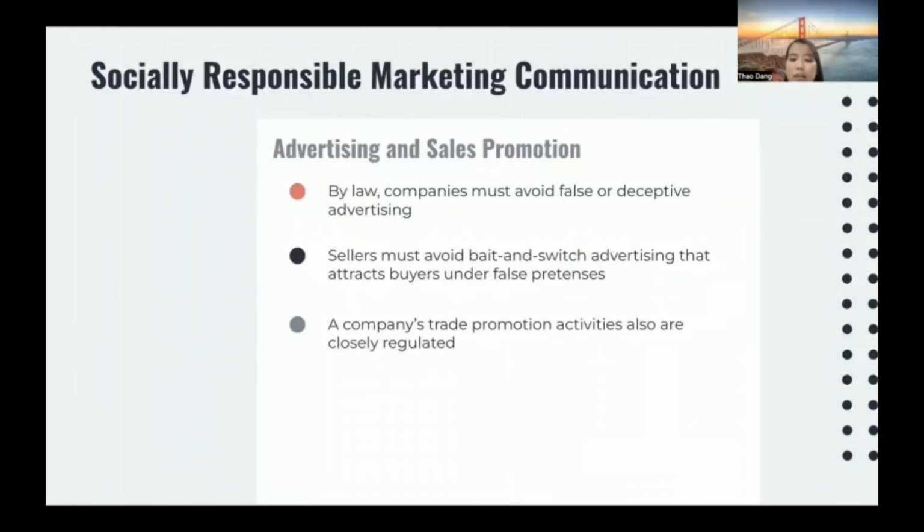A company's trade promotion activities also are closely regulated. Beyond simply avoiding legal pitfalls such as deceptive or bait and switch advertising, companies can use advertising and other forms of promotion to encourage and promote socially responsible programs, actions, and ideas.